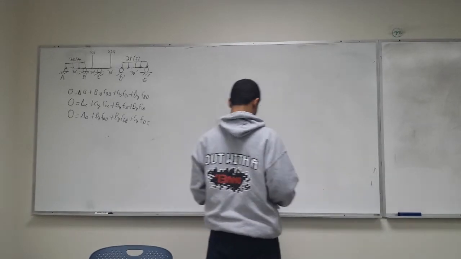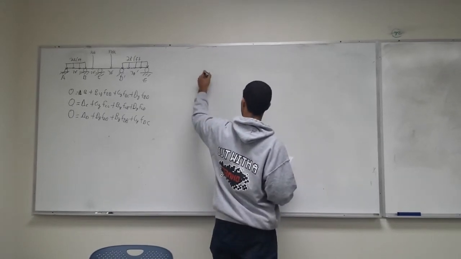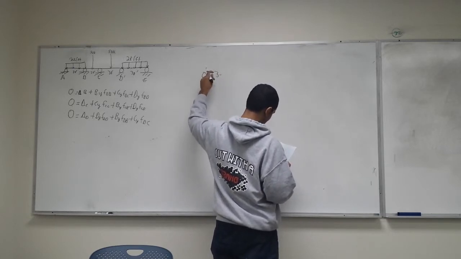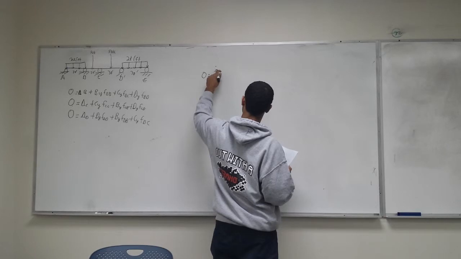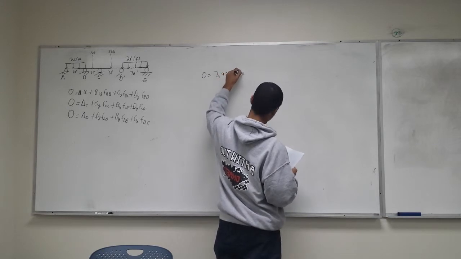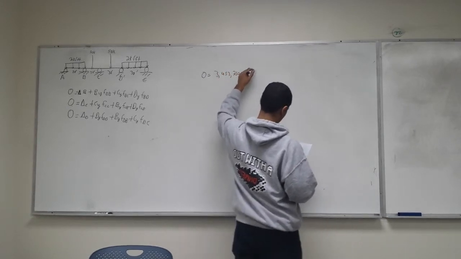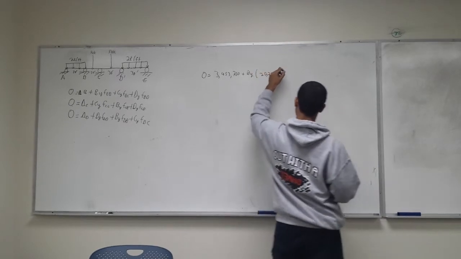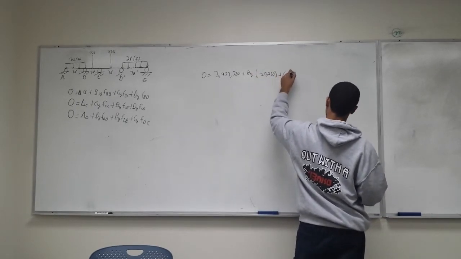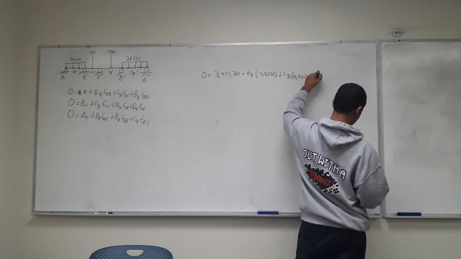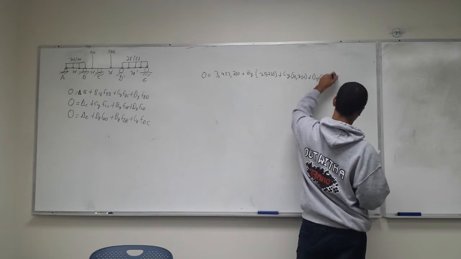Okay, so now we have 0 equal to 3,453,750 plus BY times 20,250 plus CY times 24,750 plus DY times 15,750.